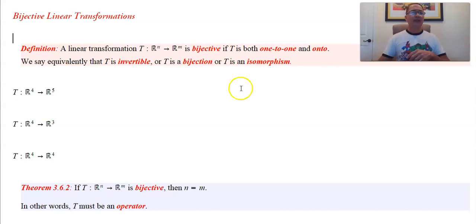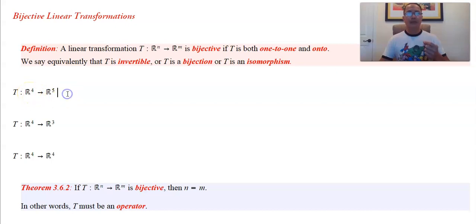Okay, but remember the end of our last video where we talked about kernel and range and injectivity and surjectivity. What happens if you have a transformation from R4 to R5? So the dimension of the codomain is bigger than the dimension of the domain.